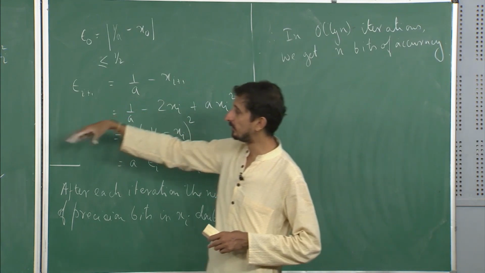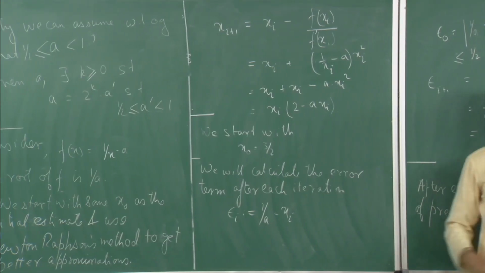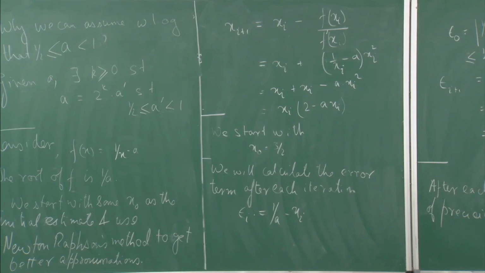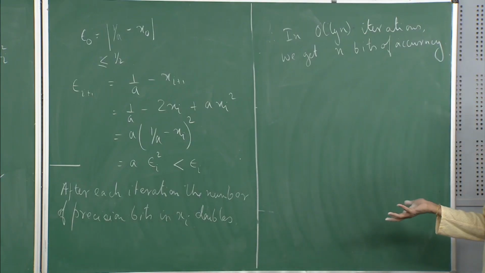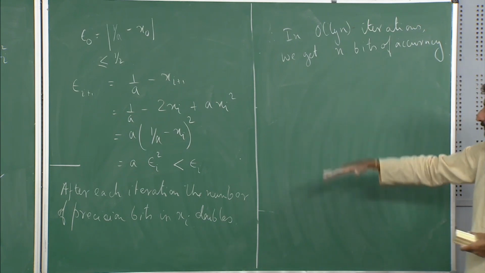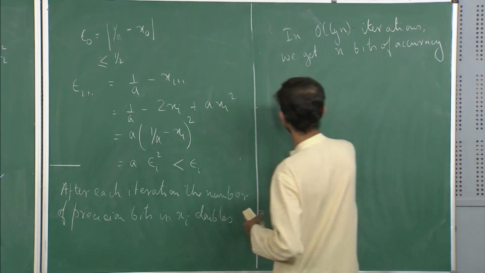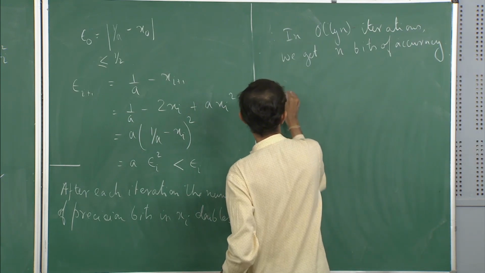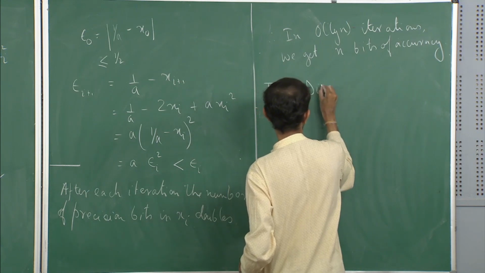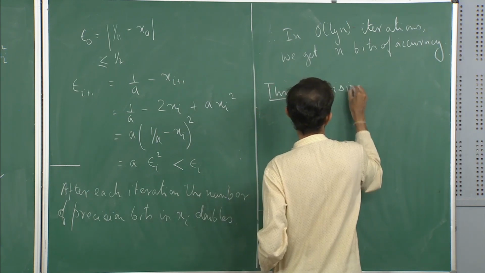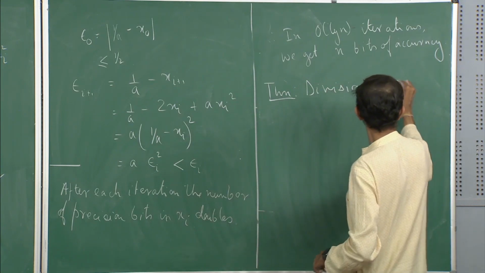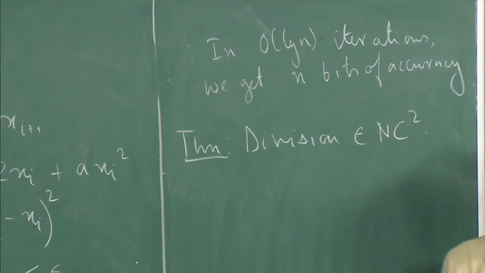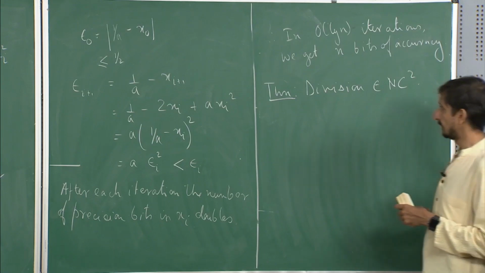At each level we are doing essentially multiplication and addition. If you are looking at NC circuits, that is log depth for us, and here we have another additional log depth. So therefore, division is in NC2. So this gives us an NC2 circuit for division.